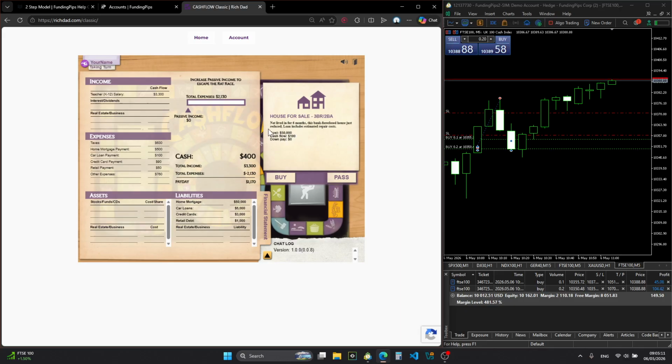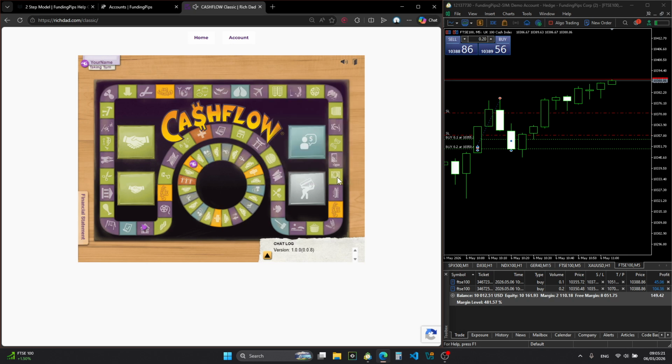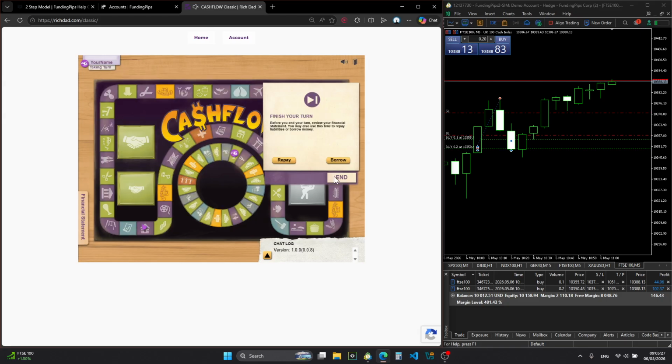The cost is 50,000. Next opportunity, we had to buy that vessel. Needed no money and get 100 cash.